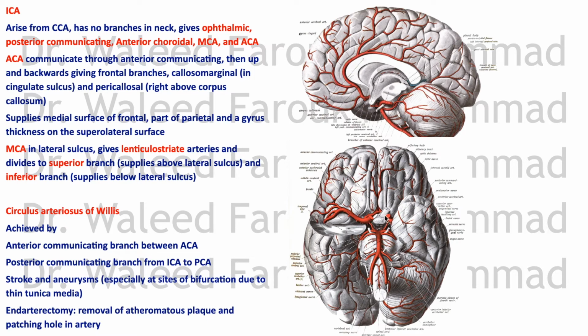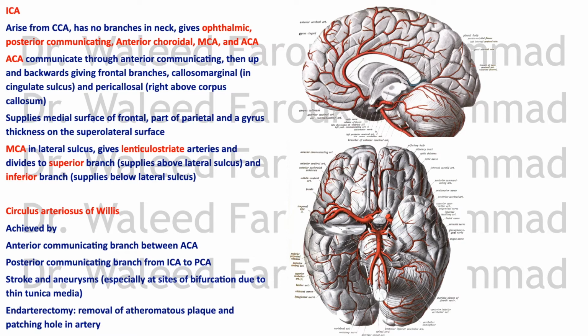Now, it's to make sure that blood flows in all directions in this area, especially as it gives sensitive branches called the perforated substance branches to supply deeper structures in the cerebral hemisphere. But doctors, whenever an artery divides, that's a weak spot, because the tunica media in the artery gets thinner.